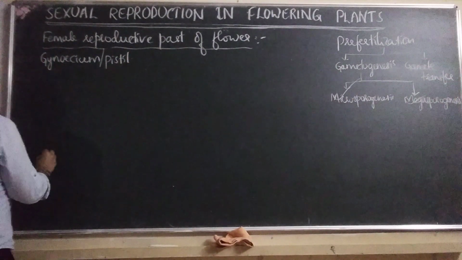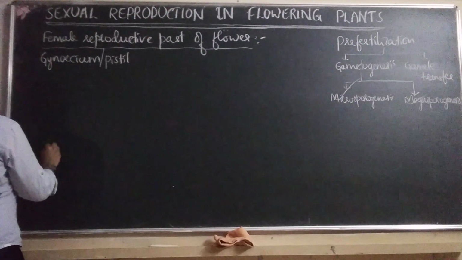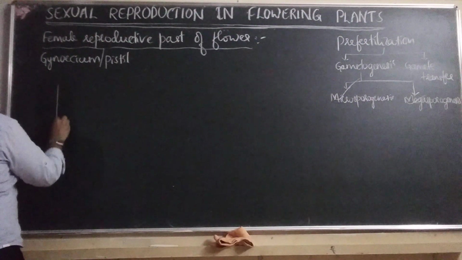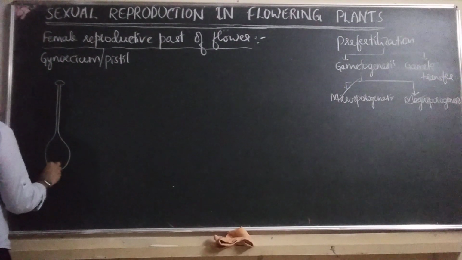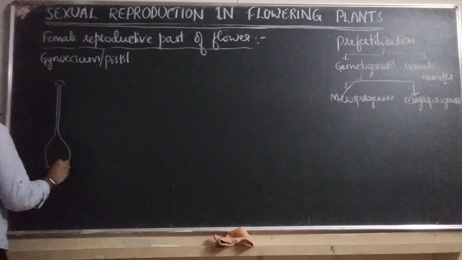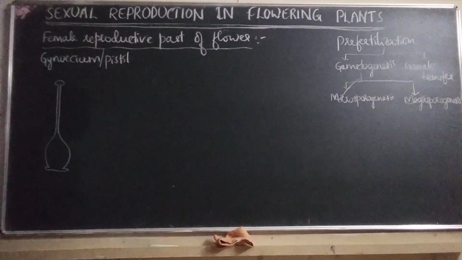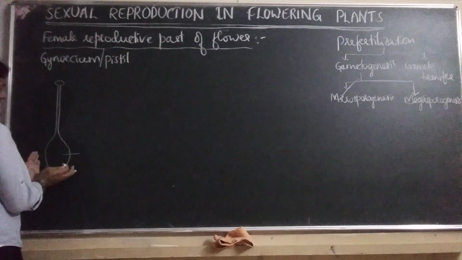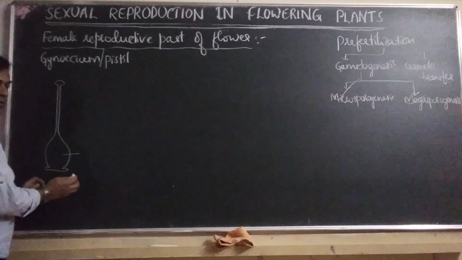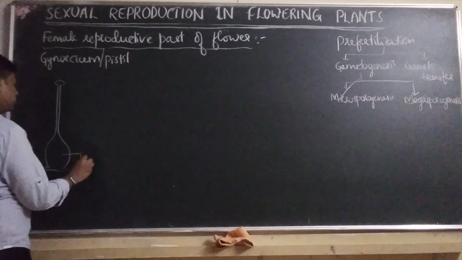If you remember, the pistil is a structure which looks like this. Pistil or gynaecium has three parts. The bulged, swollen part at the base is the ovary.